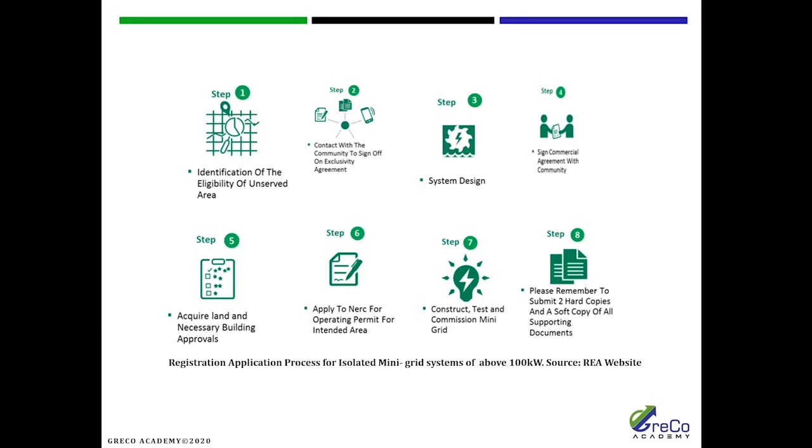After then, the developer will have to apply to NEC for an operating permit for such community. The seventh step is that the developer then goes ahead to construct, test, and commission the mini-grid plant. And finally, he will have to submit hard copies and soft copy of all supporting documents to the relevant authority.